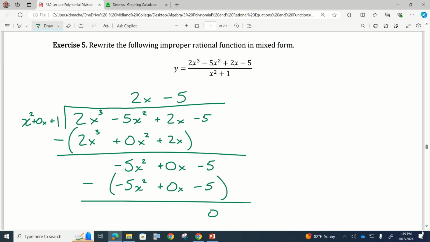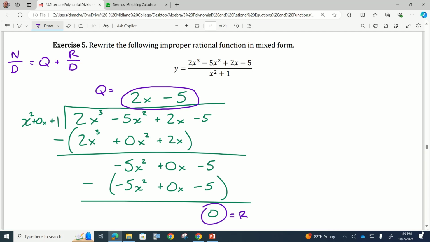That means I can go to write my answer. And I can say that this numerator over denominator equals quotient plus remainder over denominator. Well, here's my quotient. This is my remainder.